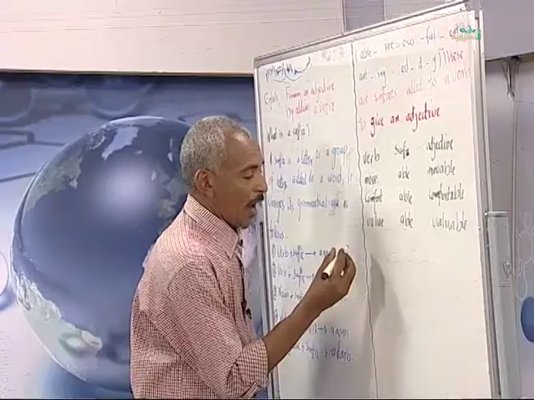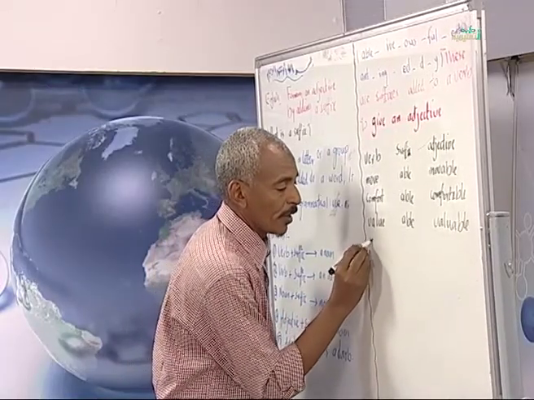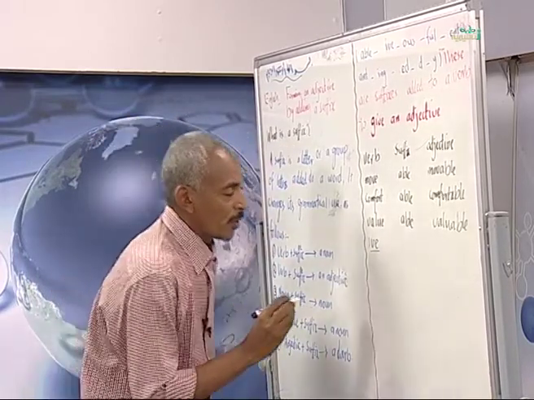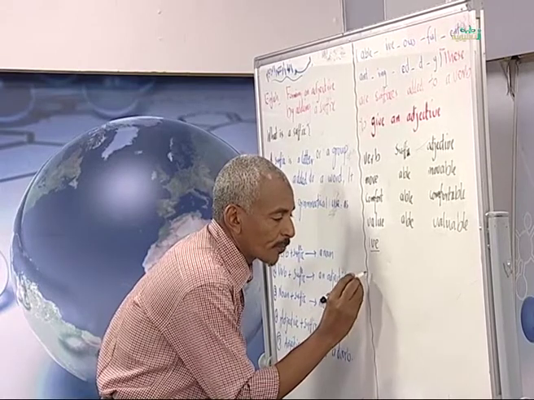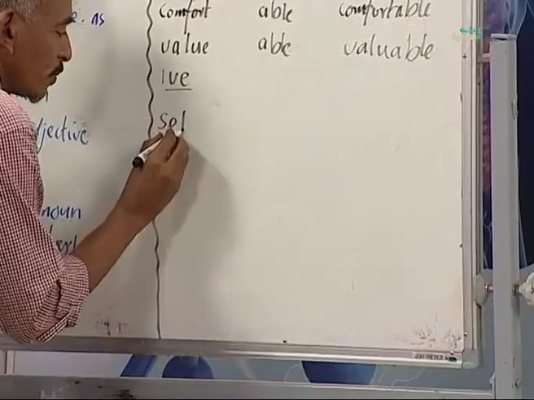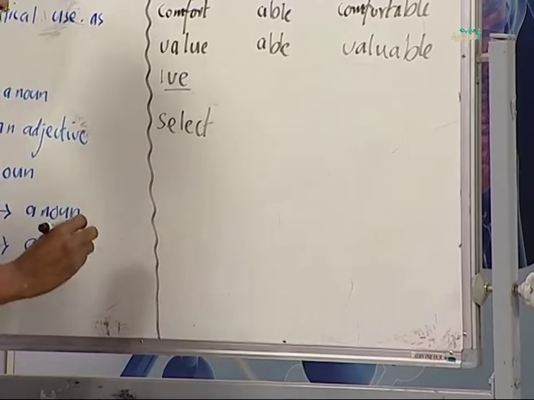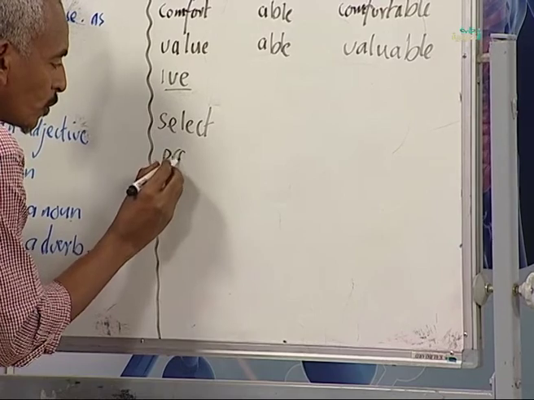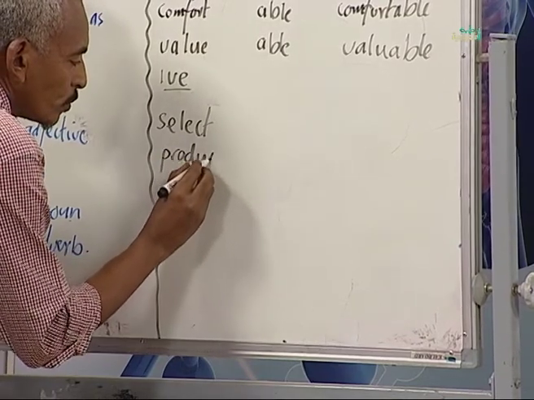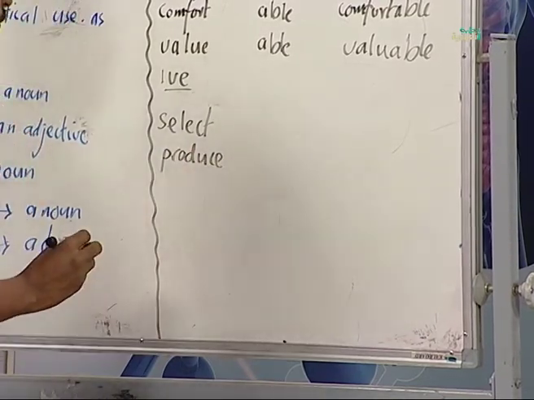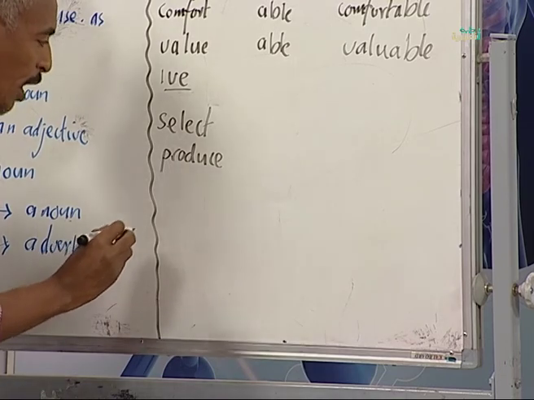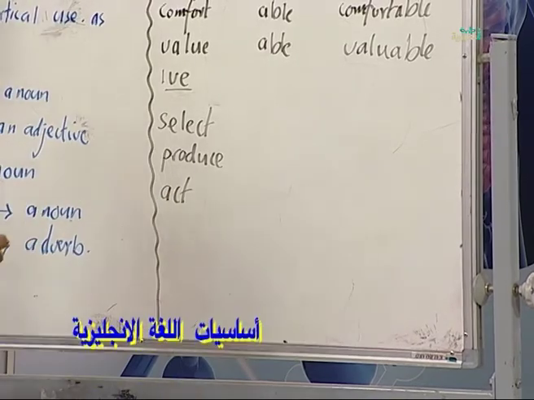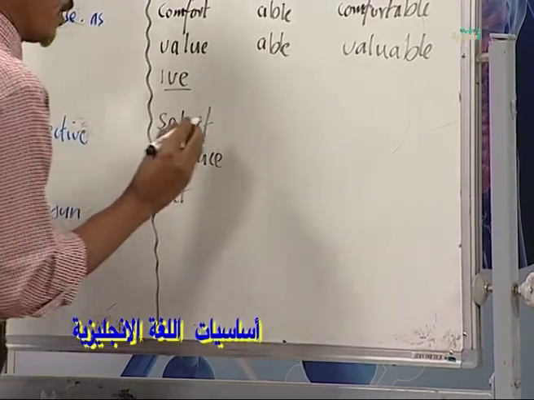We have ive. For example, we have select, produce, act, and we add the suffix ive.